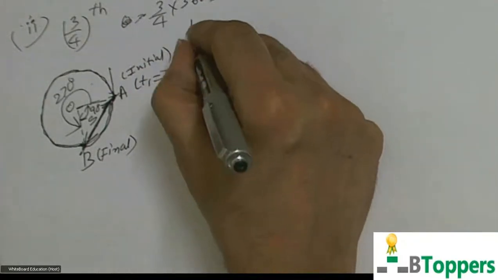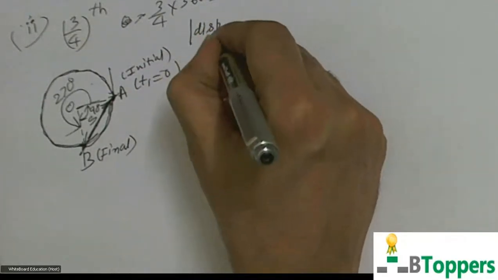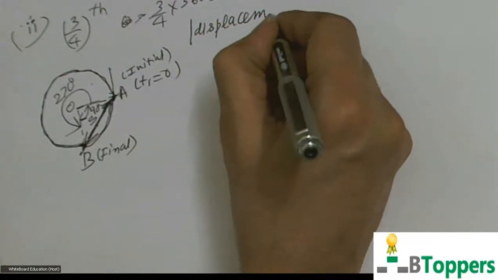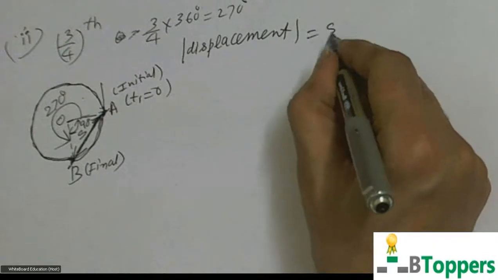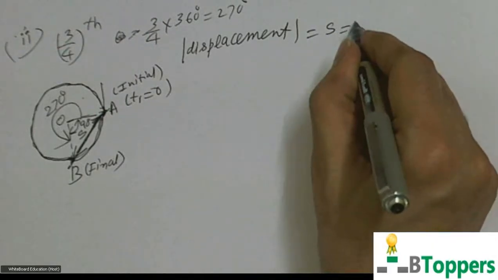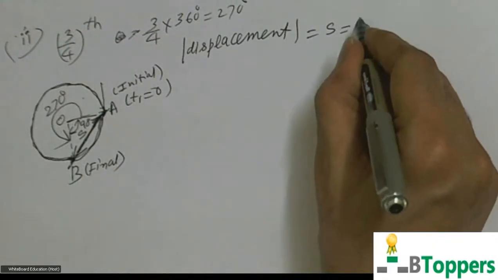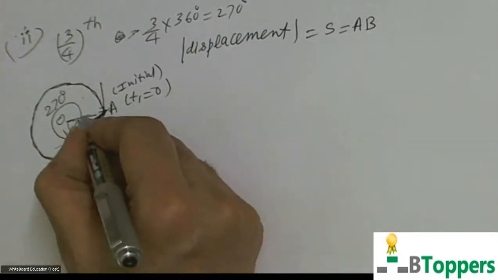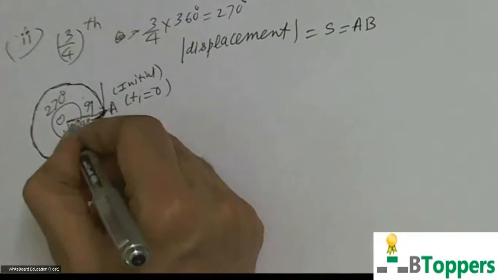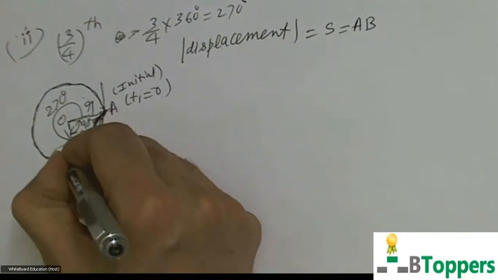So the magnitude of the displacement of the particle, write it as S equal to the length of the line AB. Here the length of the line OA equals the radius of the circular path.